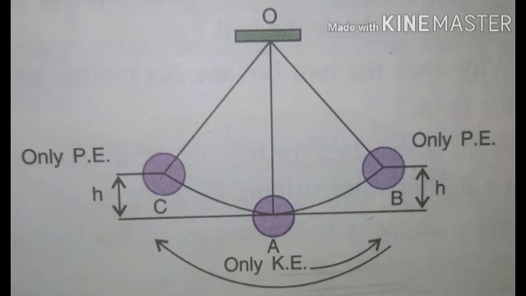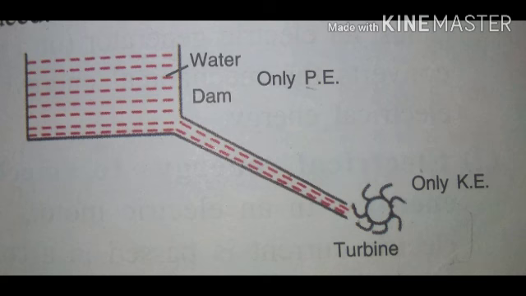So it again returns to A. This motion continues. Thus, the motion of a simple pendulum also shows the conversion of potential energy into kinetic energy.